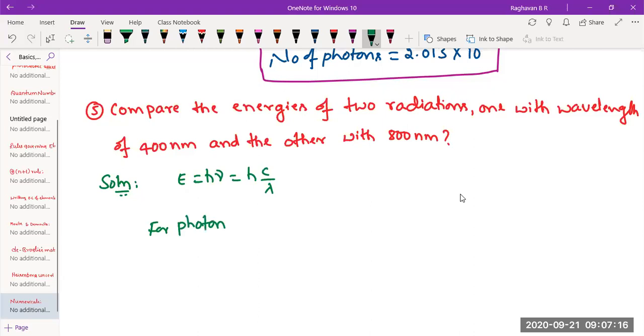For photon 1, E1 is equal to hc by lambda 1. For photon 2, E2 is equal to hc divided by lambda 2. Take the ratio.